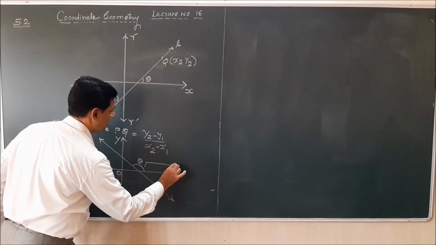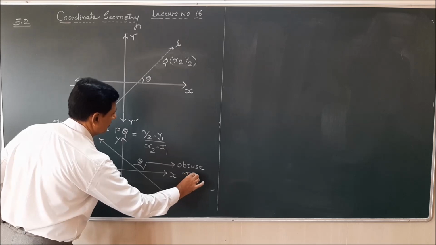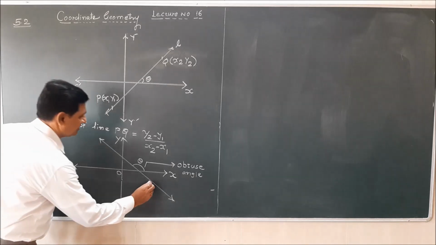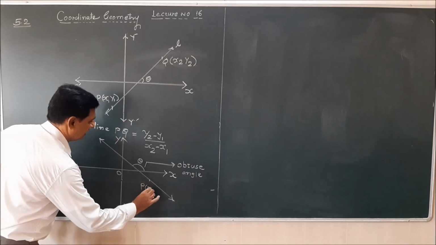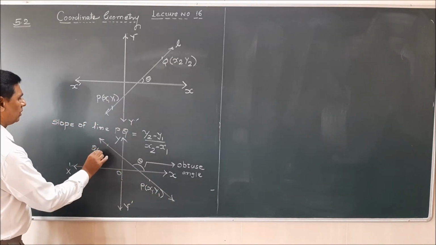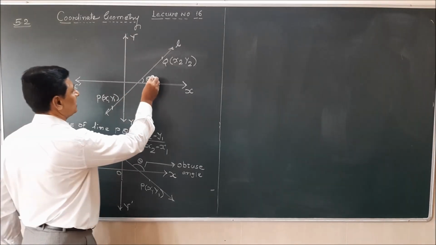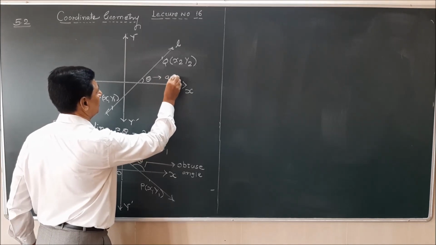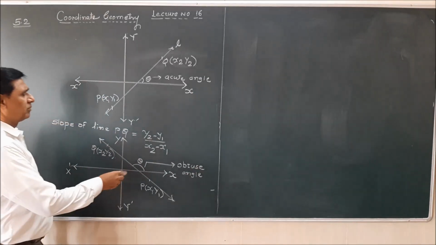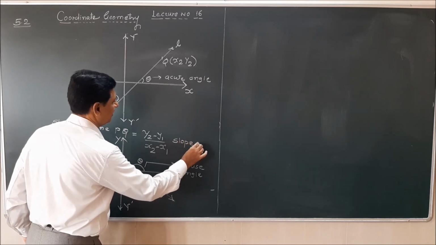Very important to note. This is an obtuse angle. If I take points on this, P(x1, y1), Q(x2, y2). In the first case, this is an acute angle and slope is positive.